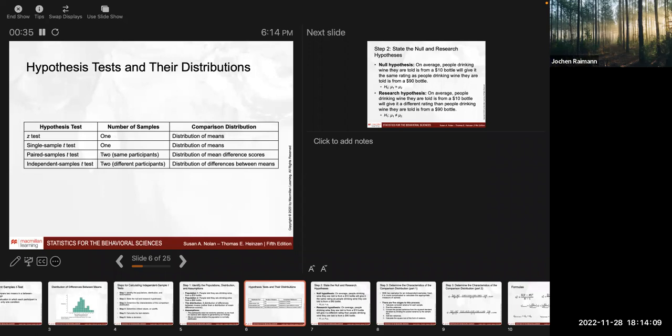Whereas with a t-test, you are estimating that standard deviation from the sample. The comparison distribution is the distribution of means, which we quantify with the standard error of the mean. We're comparing the sample mean to the population. In a single sample t-test, we do the same thing: we have one sample, and we're comparing that sample mean to our population mean, utilizing an estimated standard deviation.